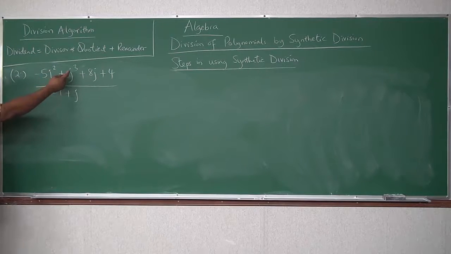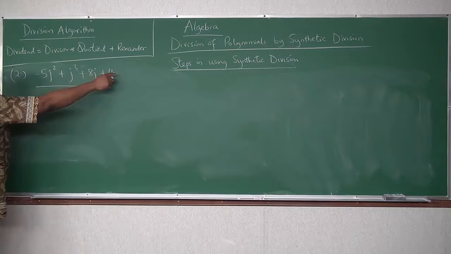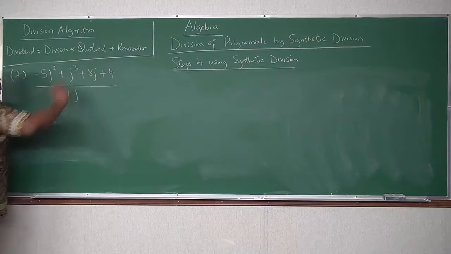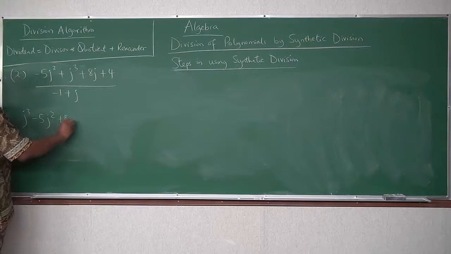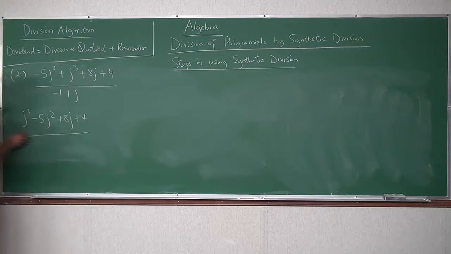It is complete because this is 3, 2, 1, 0, j to the 0, and anything to the 0 is 1. We've done this in the video on long division. So this is j cubed minus 5j squared plus 8j plus 4 all over j minus 1.